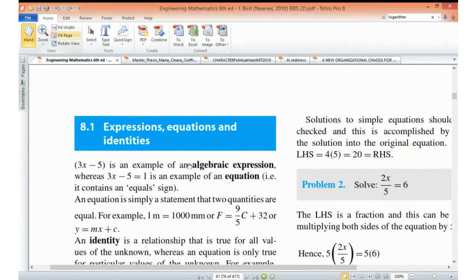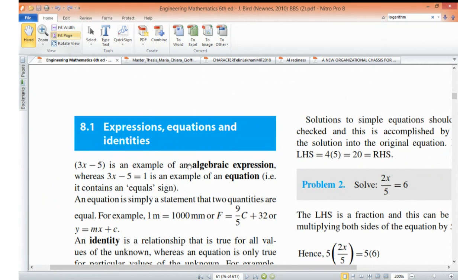Okay, so let's look at expressions, equations, and identity. How do the three relate together? So what identifies an equation is the equal sign.